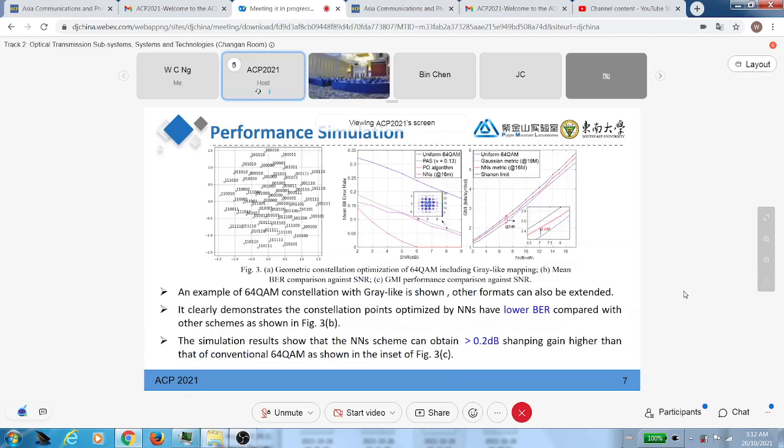Pairwise optimization scheme. We compared with the two schemes.